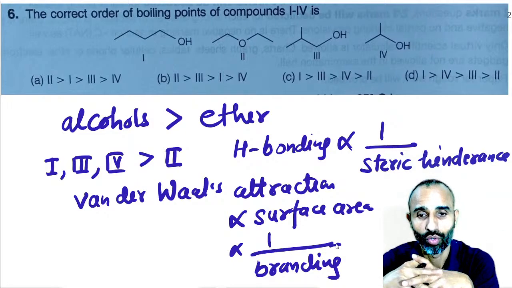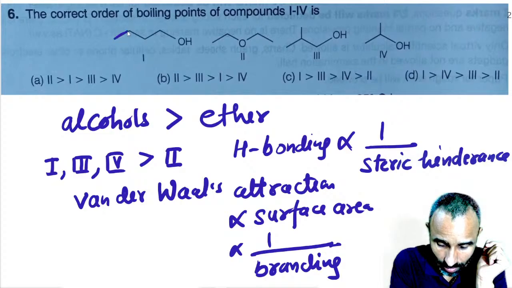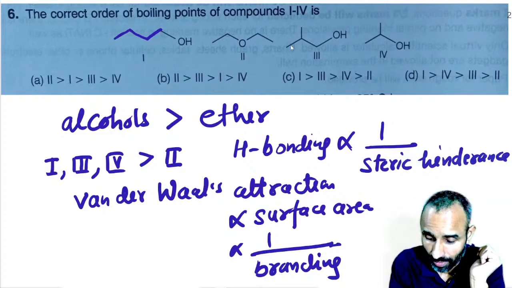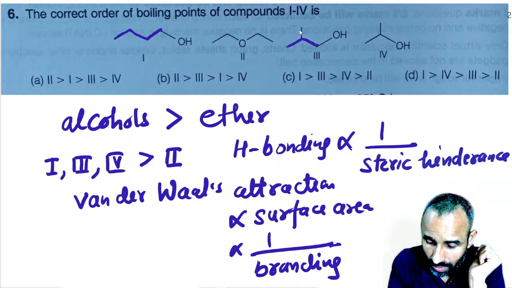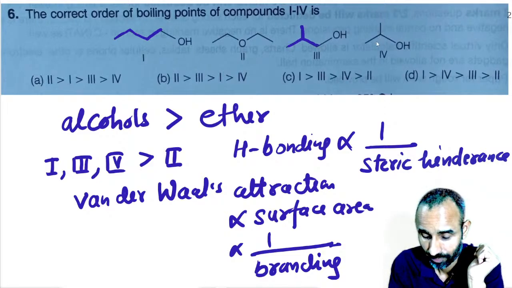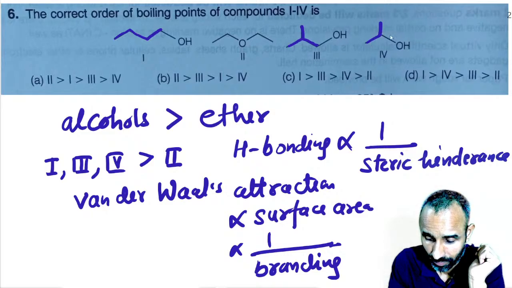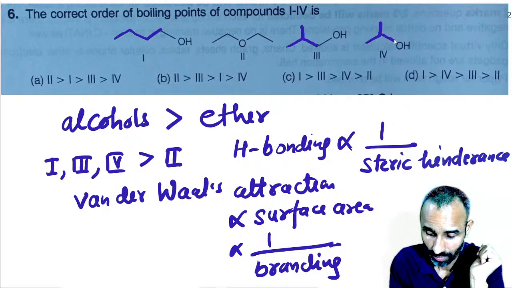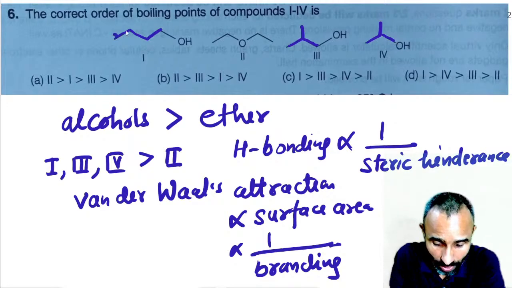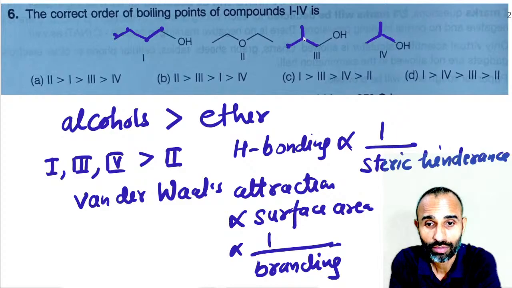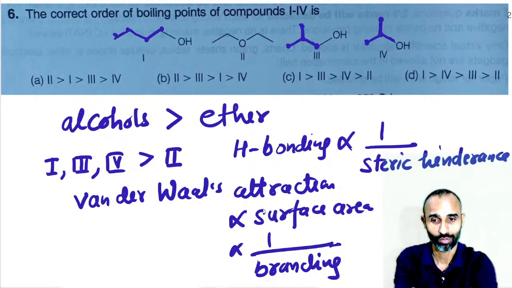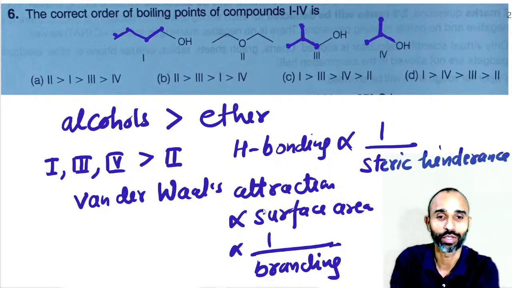So here there is a linear chain. In this case there is one branching. One, two, three, four. There are 4 carbons. Here 1, 2, 3, 4. But here there are only 3 carbons. So we can compare with carbon as well.